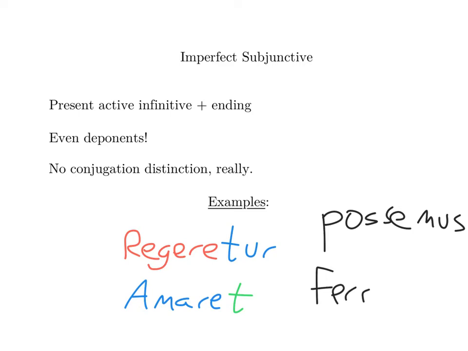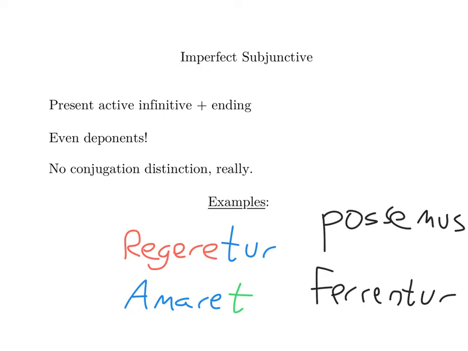That's one more example. You're like, okay, that's kind of weird. It's an odd one. It's irregular. It's got two R's. That's fine, and let's throw a passive ending on it just for equity's sake, and we'll put an NTUR, okay? Ferrentur, very nice. Imperfect subjunctive. So just remember, imperfect subjunctive is that present active infinitive plus the ending.